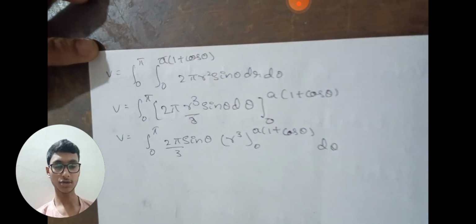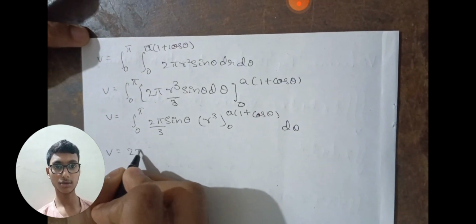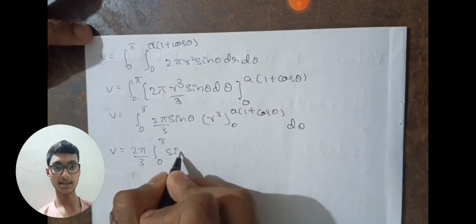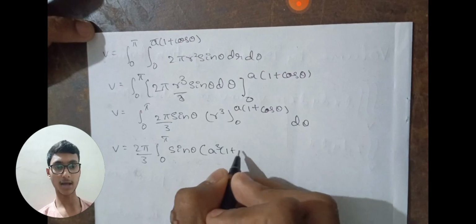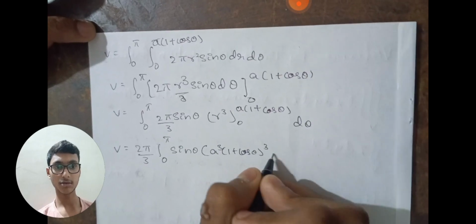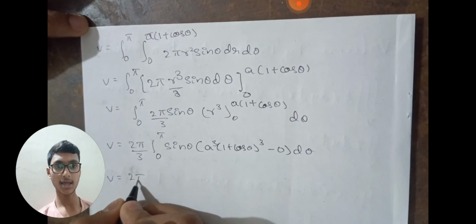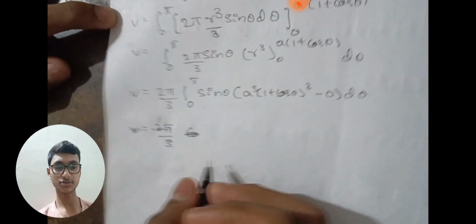Now let us take 2 pi by 3 outside as it is a constant. V is equal to 2 pi by 3 integration 0 to pi sin theta, and let us replace the values of r: upper limit minus lower limit. So r cube in terms of a of 1 plus cos theta, and r cube in terms of 0. Next let's use substitution.